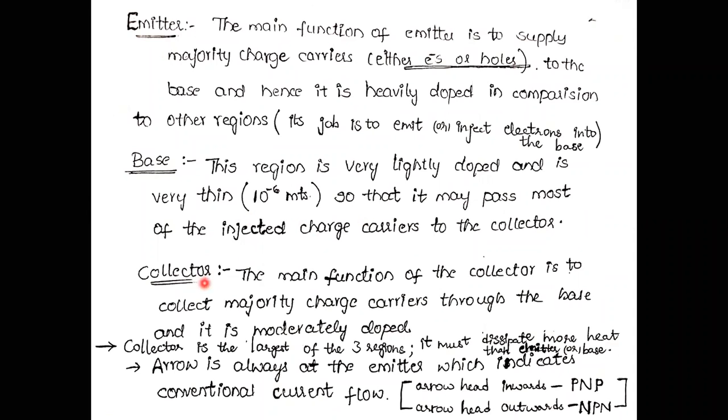The collector's main function is to collect the majority charge carriers through the base, and it is moderately doped, but the width of this region is large. So in the emitter, the width is moderate but the doping level is very high. In the base region, it is lightly doped but very thin. The collector is moderately doped, but its width is very high.